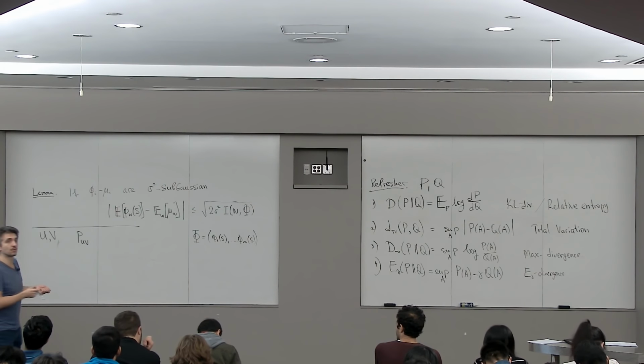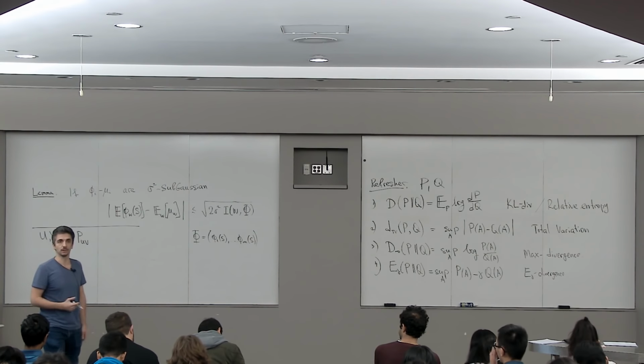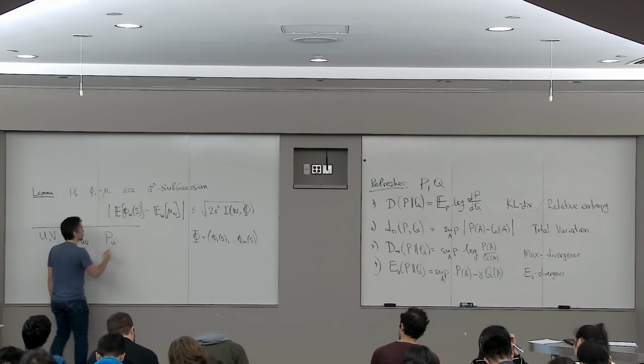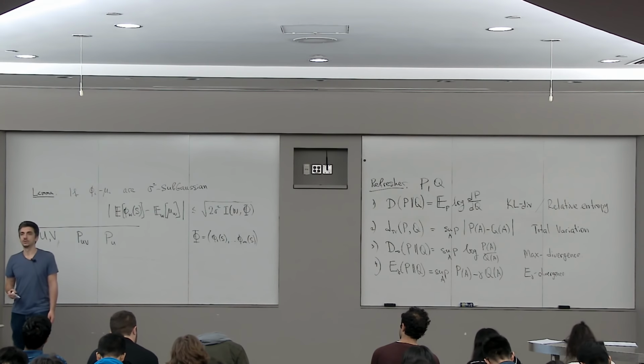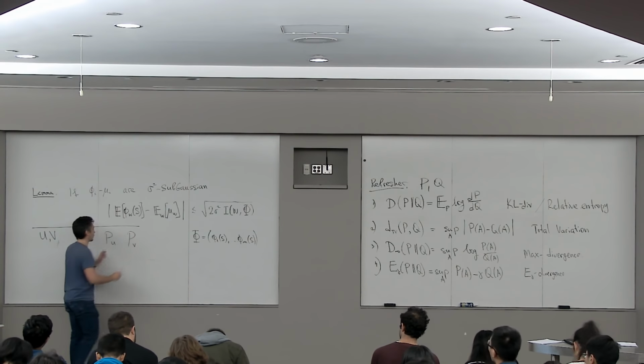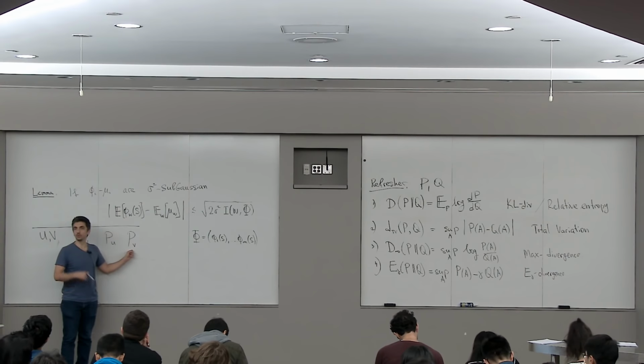Let's say your height and weight are dependent. Then there is a marginal of U and a marginal of V. Think of this as the distribution of all people's heights, and this as the distribution of all people's weights.